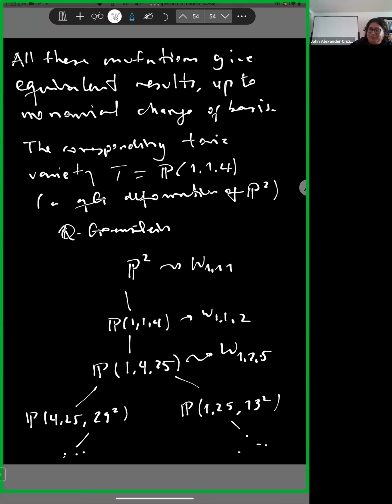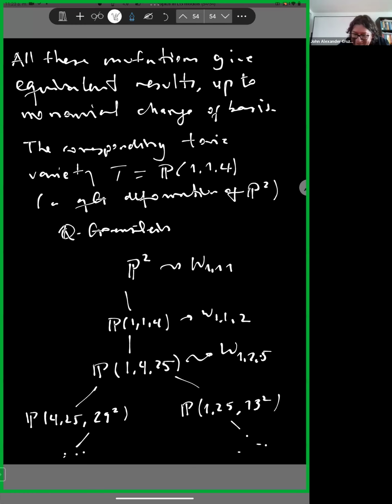So you see, there is this relationship between the toric deformations of P2 and the Laurent polynomials, and what you get.